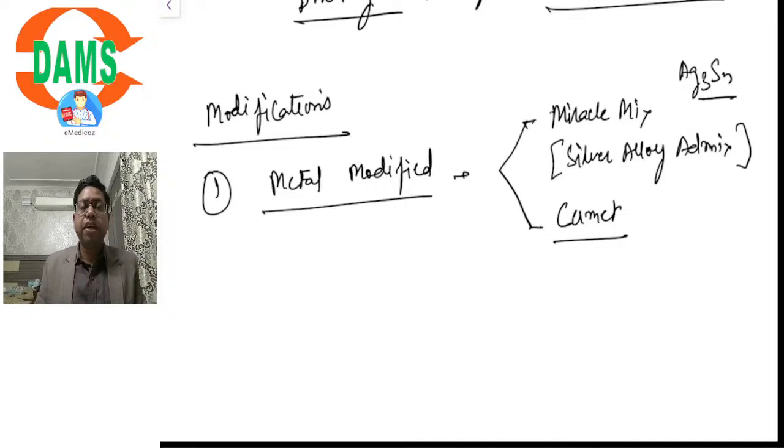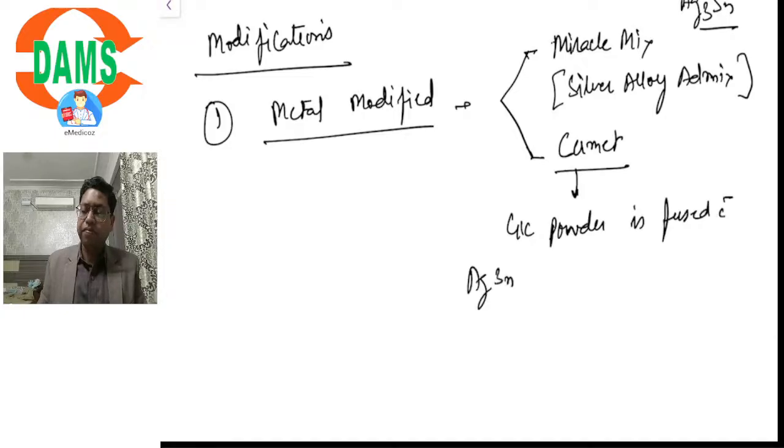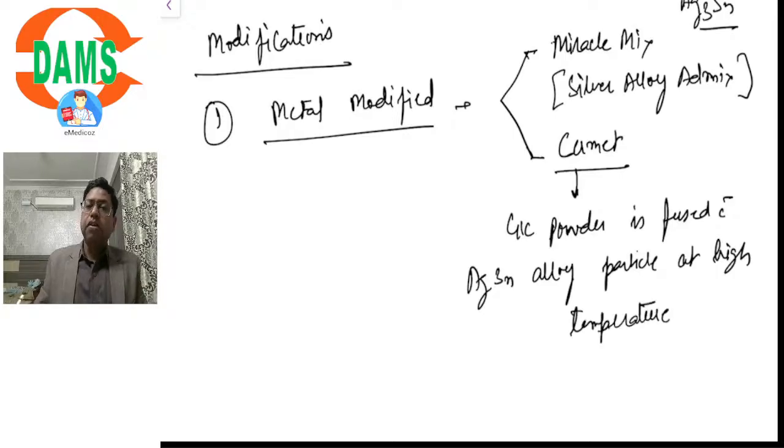In silver alloy admix, the glass ionomer particles are simply mixed with silver alloy particles. They are physically mixed and then reacted with the liquid of glass ionomer cement. In CERMET, the GIC powder is fused with silver tin alloy particles at high temperature, by sintering.